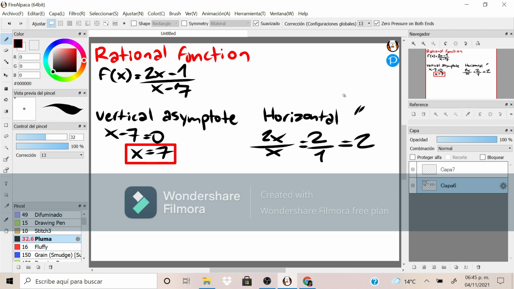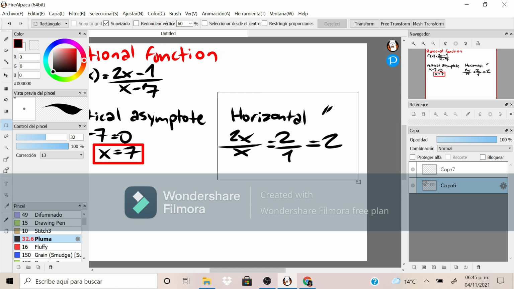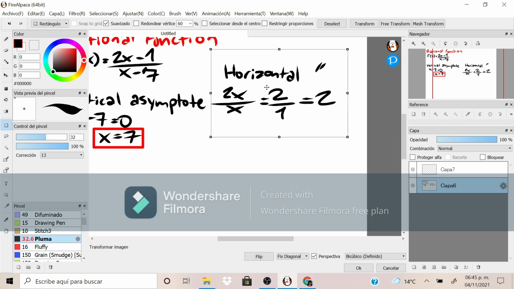Now, with these values in mind, we're gonna find the coordinates that will help us make the lines.